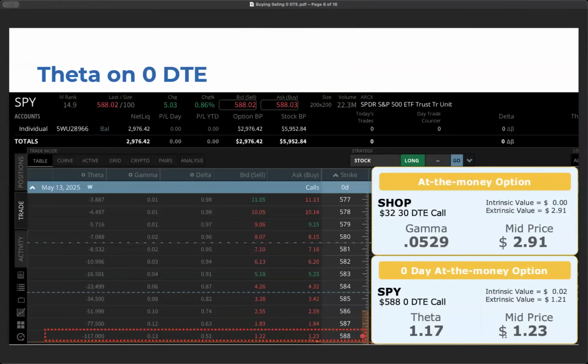If you were to buy that 123 option, you have a theta of $1.17. If the value of the stock goes down by, let's say, $1, that theta is going to decrease from $1.17 probably down to 20 cents, right? So huge changes in theta intraday as well, because the extrinsic value of the option changes so much with gamma.